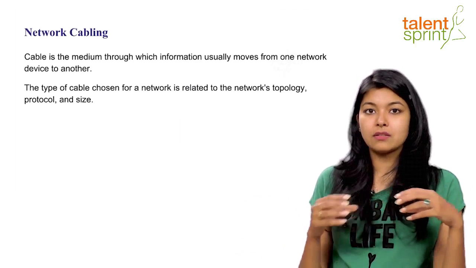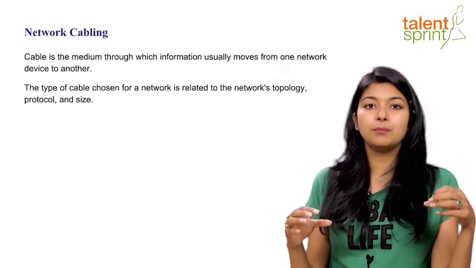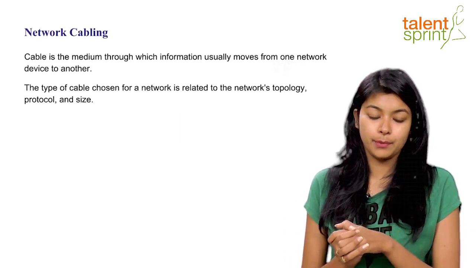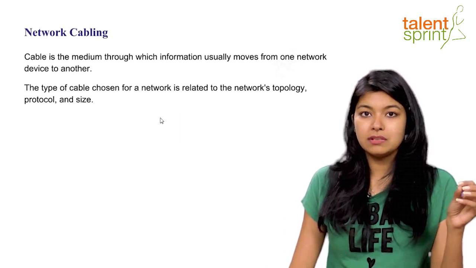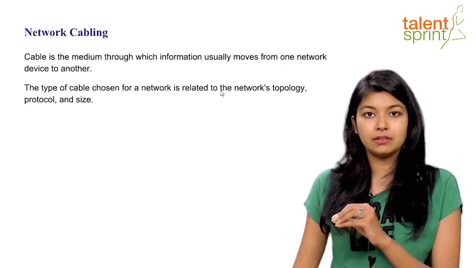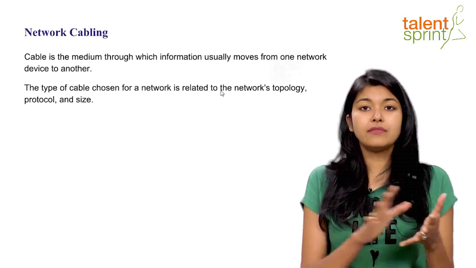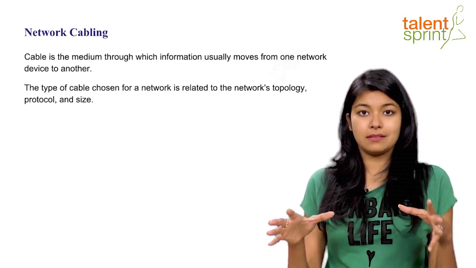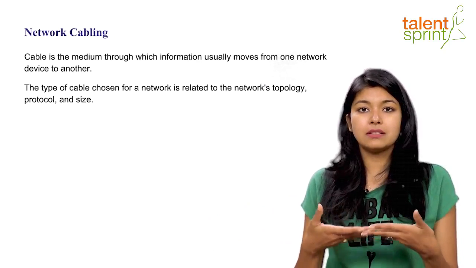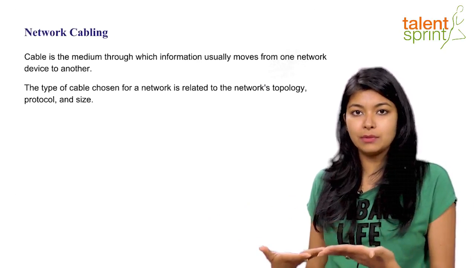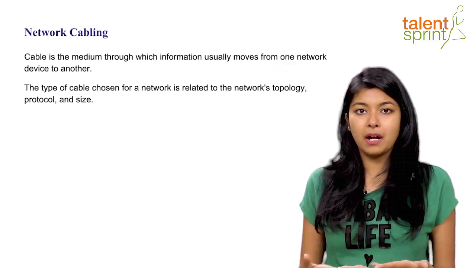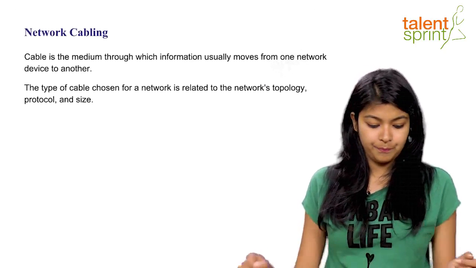This cabling is a very important part of an actual network connection setup. A cable is the medium through which information moves from one network to another. At the software level, whatever is happening is there, but the actual transmission of data is literally happening through these cables. So these cables form a very important part of your connections.